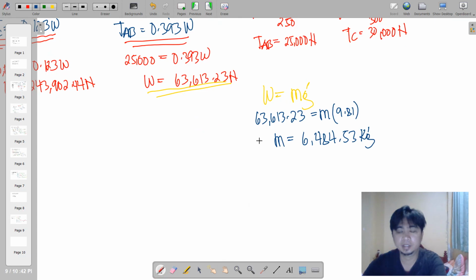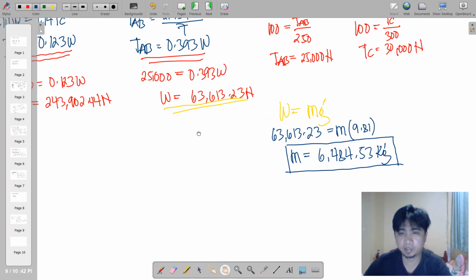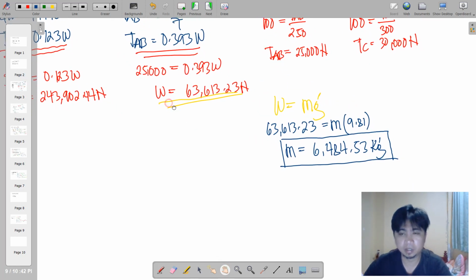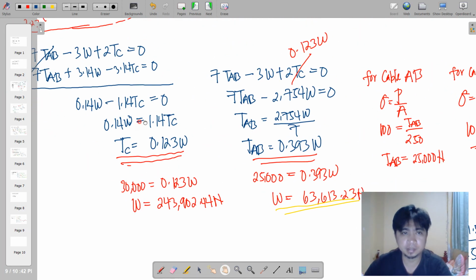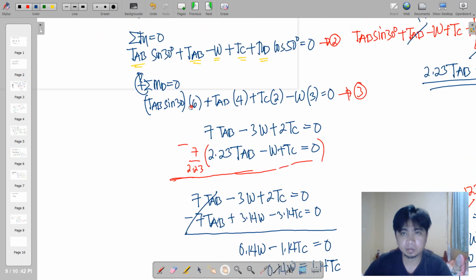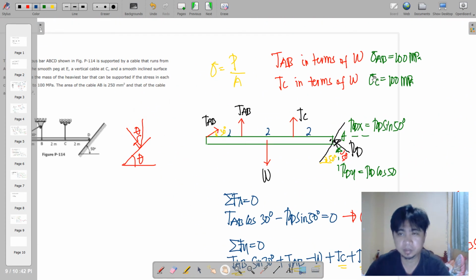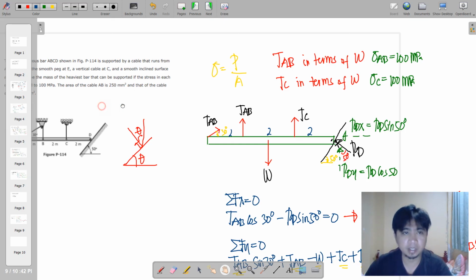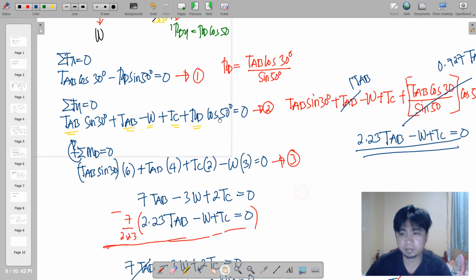Okay, so this is the heaviest mass or heaviest weight that we can apply to this system under the premises of the allowables of each of the cables, and the area. Okay, so that's it for this problem.